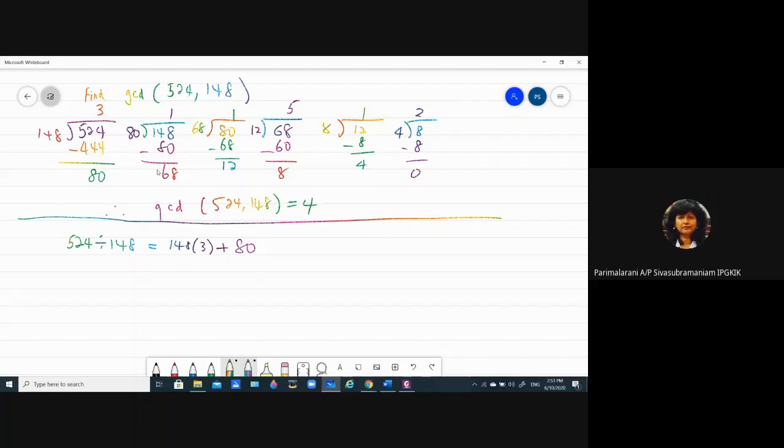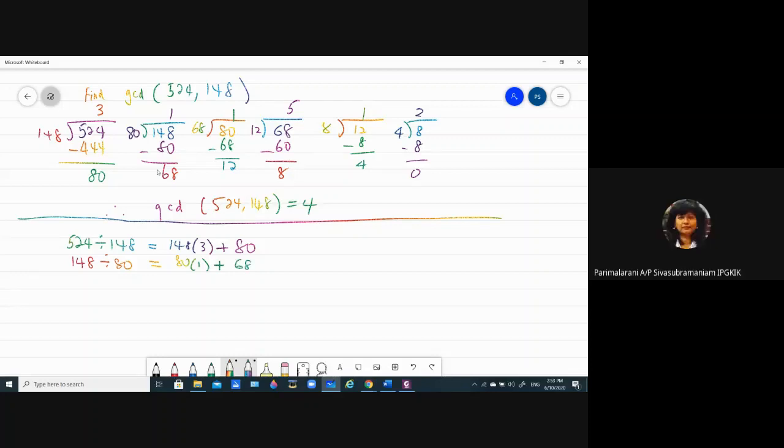So what is the next line? The next line will be 148 divided by 80. 148 divided by 80 is 1 times 80 plus 68.